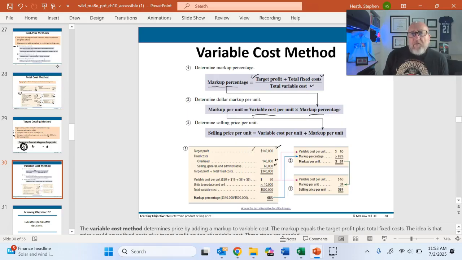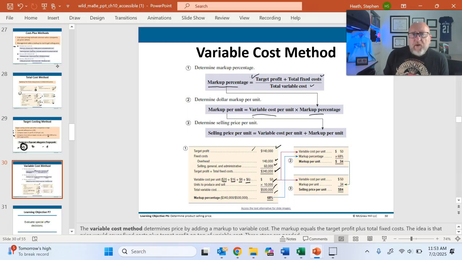So target profit plus our fixed costs, 340,000. Then we said the variable costs per unit. We have material, labor, variable manufacturing overhead, and SG&A for a total of $50. And then the units to produce, 10,000, and therefore total variable cost, 500,000.